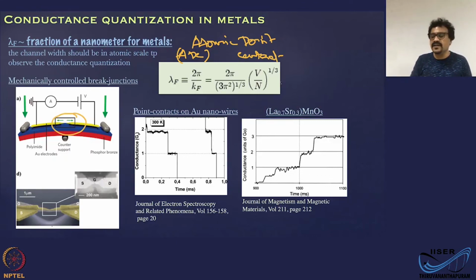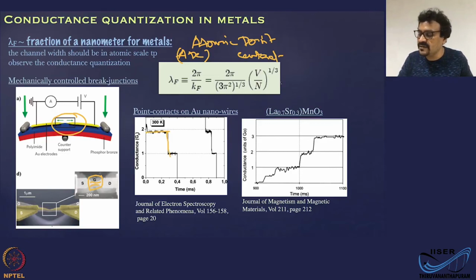For example, you can take a nanowire, then you etch it down and make a neck-shaped region in the middle. Then you pull it or bend it such that in the last few moments the contact is broken atom by atom. When you do that, what you are going to see is a step-like behavior in transport.